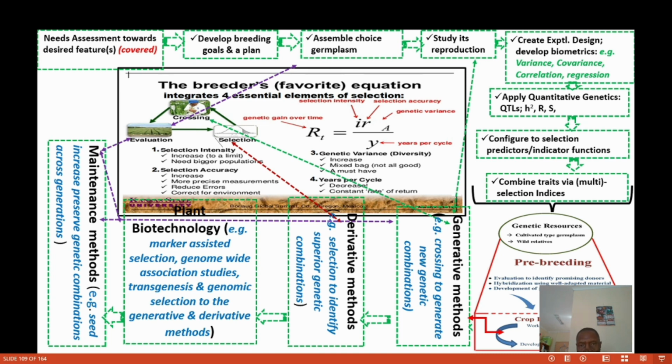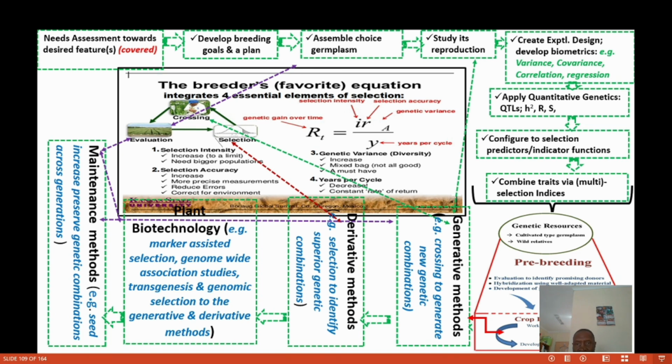And then you go on to the issue of biotechnology, which may have the marker-assisted selection. You may have other things like the genome-wide association studies, transgenesis, genomic selection to the generative and the derivative methods.